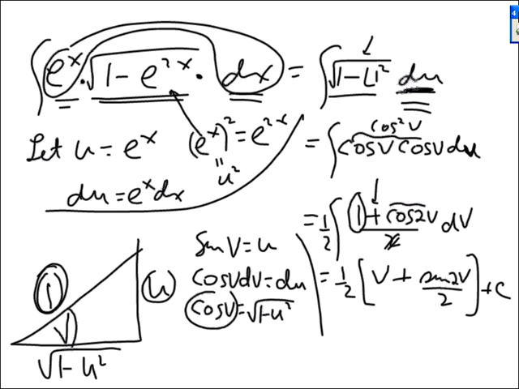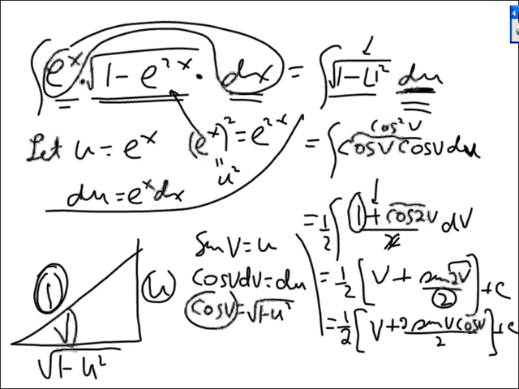Okay. Now since we know nothing about the angle 2v, I'm going to use a very known identity that the sine of 2v is 2 sine v cosine v. And there's the 2 over the 2 that's been there for a while.